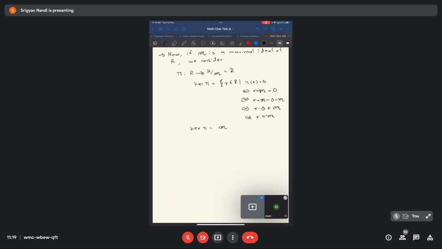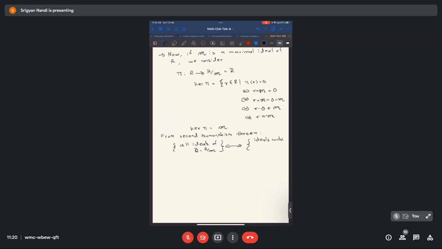So again, from the second isomorphism theorem, we use the same theorem and prove the following. Since pi is surjective, obviously the quotient map is surjective, there should be a bijection between all ideals of R dash, which is how we defined it, and the ideals containing M in R.